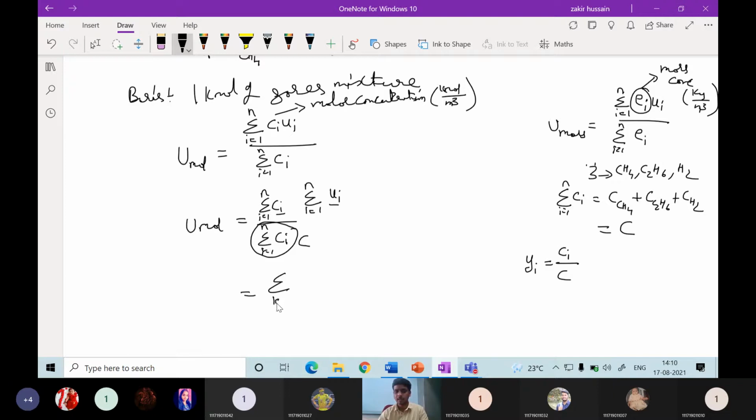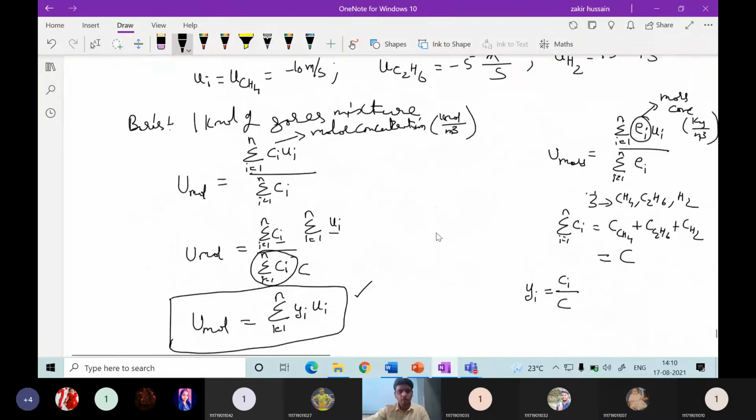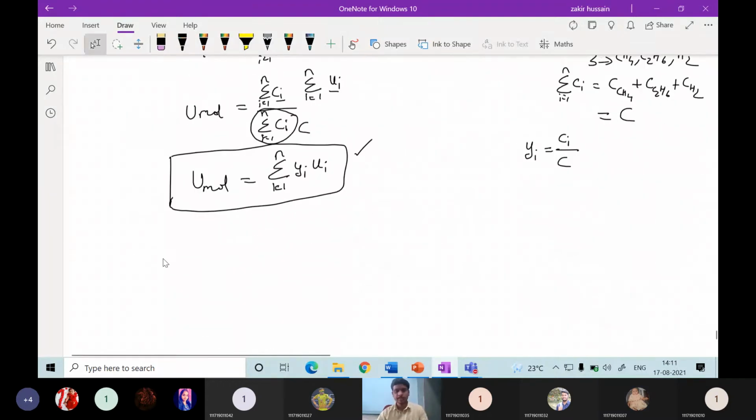Therefore, we can write this formula as sigma i equals 1 to n Yi into Ui. Can we write like this? Yes, sir. Then now let us expand this u mole. This is the final formula which we have to use.